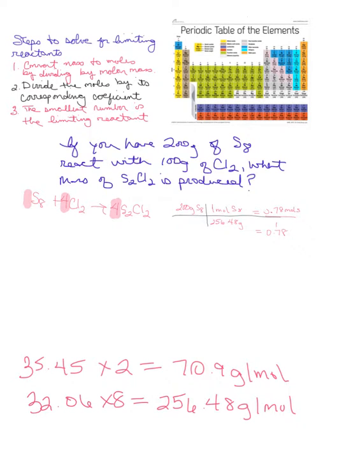Now I can go back to my problem and refer back: how many grams of chlorine am I starting with? According to my problem, I'm starting with 100 grams. 100 grams of Cl2 is what I'm starting with.